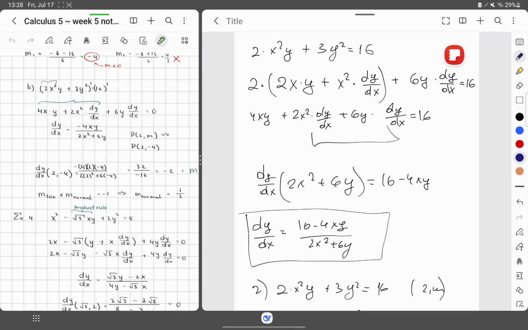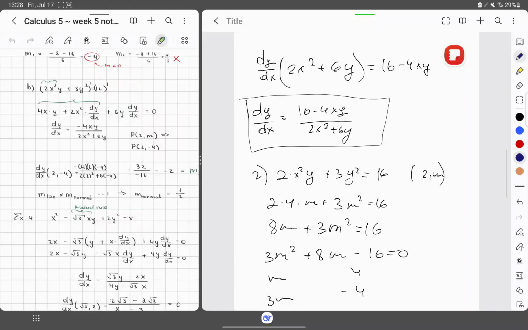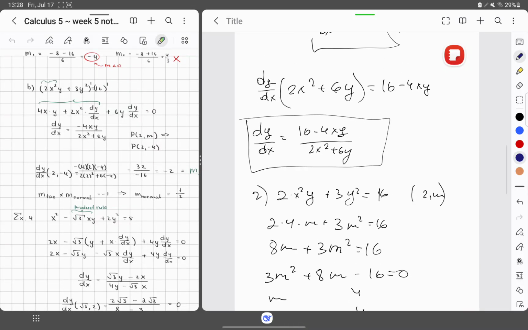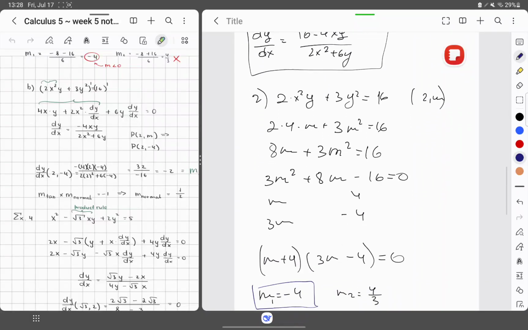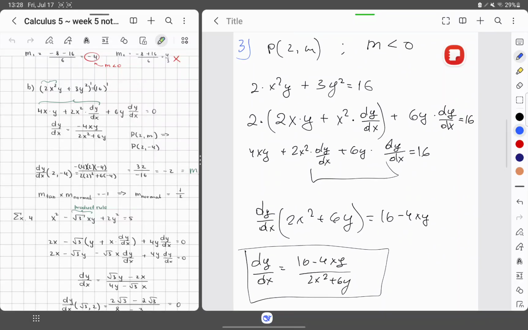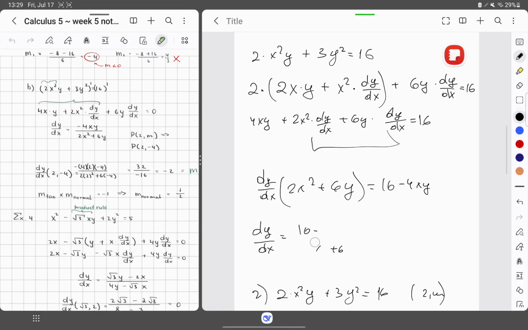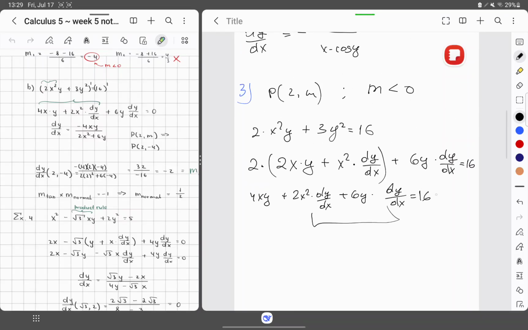I need to find m tangential, but I didn't because I didn't read the question very well. Okay, that is our negative 4xy. Oh my gosh, I made a terrible mistake here. I need to do this again because I know that if I don't, I will not learn it.